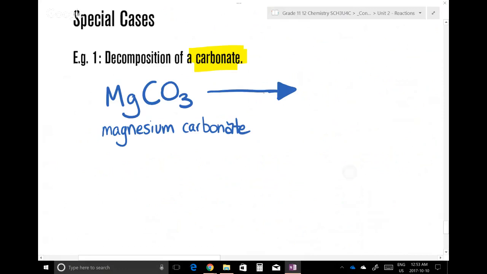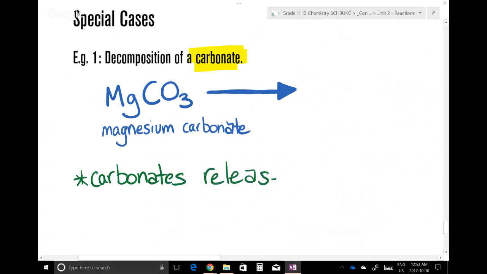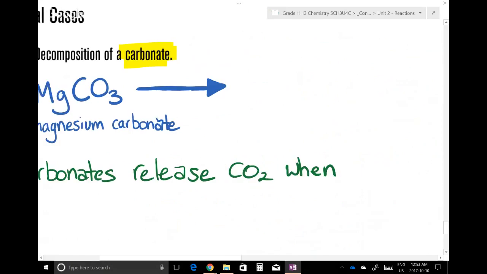Now, there's no necessarily way for you to know this, but you could maybe take a bit of a guess. Anyway, if not, that's okay, because I'm going to tell you. Carbonates release CO2 when they decompose. Maybe you guessed that, which would be awesome.